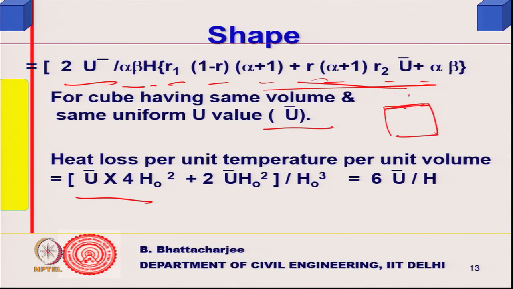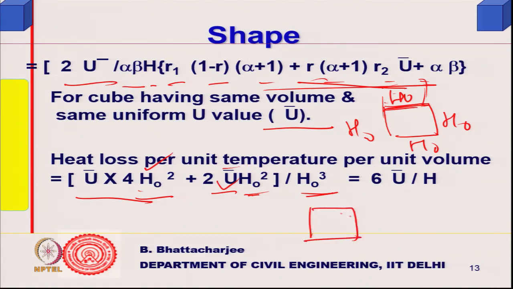Four walls, each h 0 into h 0, so h 0 square is the surface area of one wall, and 4 such cases, twice u bar h 0 square divided by h 0 cube. The 4 walls, the ceiling and the roof, everything has size h 0, because for a cube the volume is h 0 cube, and u bar is a uniform u throughout all 6 surfaces.